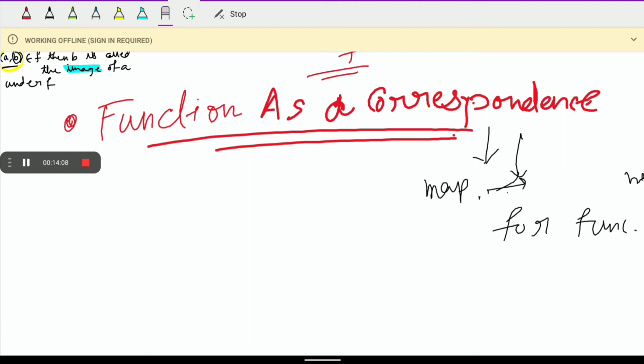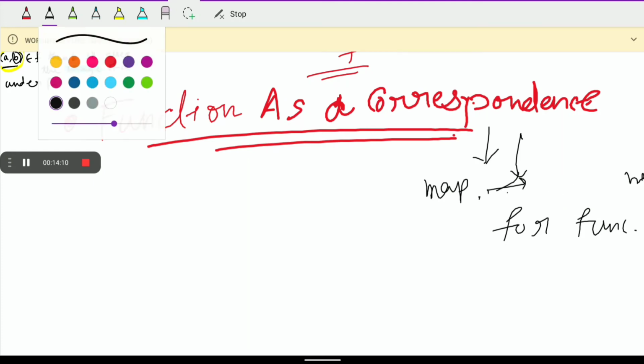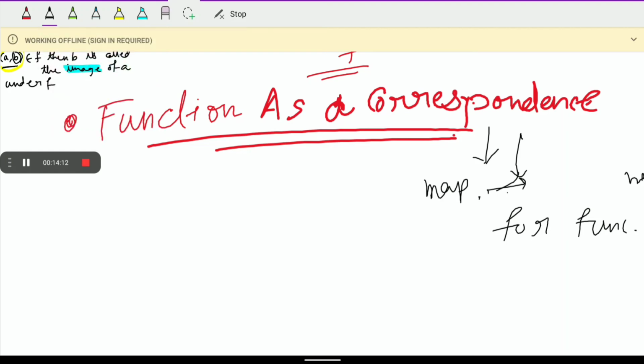There are also two conditions. What is the condition here? First of all, let A and B be two non-empty sets.